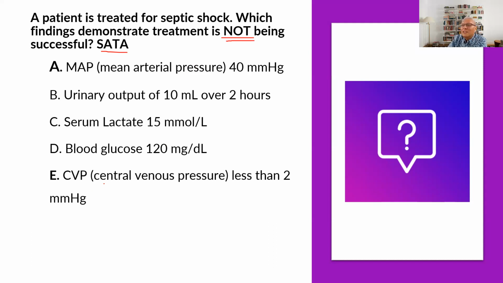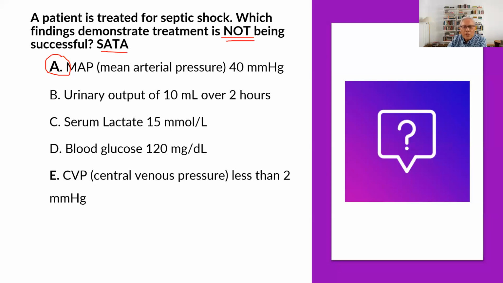All right. Letter A, the mean arterial pressure of 40 millimeters of mercury, as I said earlier, is going to be low. The other thing is that when you answer this question, always select the options that would indicate that the body's organs or tissues are not being perfused adequately. So letter A, for example, an MAP should be 65 or greater for proper tissue perfusion to occur.